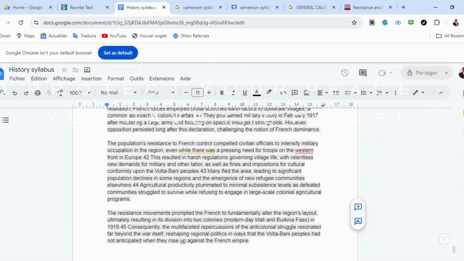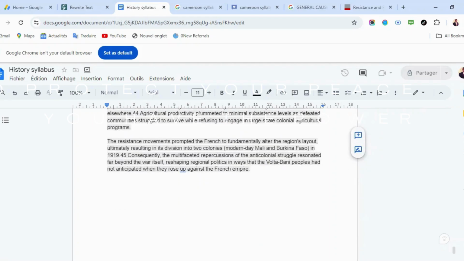Agricultural productivity slumped to minimal levels as defeated communities struggled to survive while refusing to engage in large-scale colonial agricultural programs. The resistance movements prompted the French to fundamentally alter the region's layout, ultimately resulting in its division into two colonies, modern-day Mali and Burkina Faso.